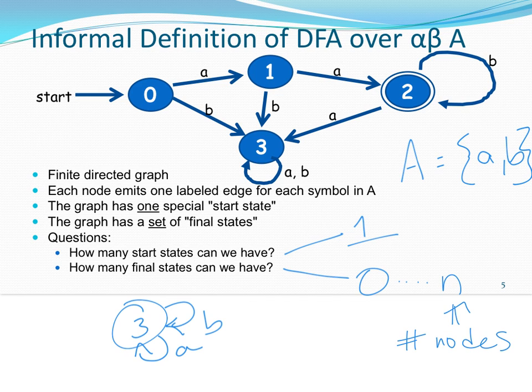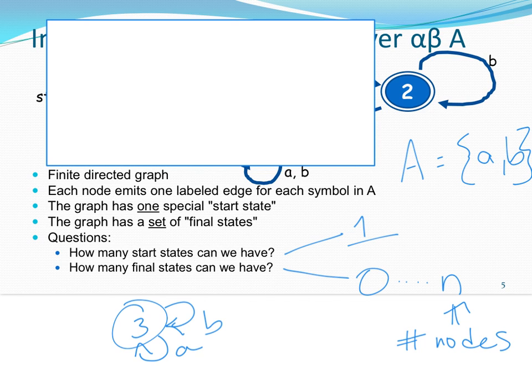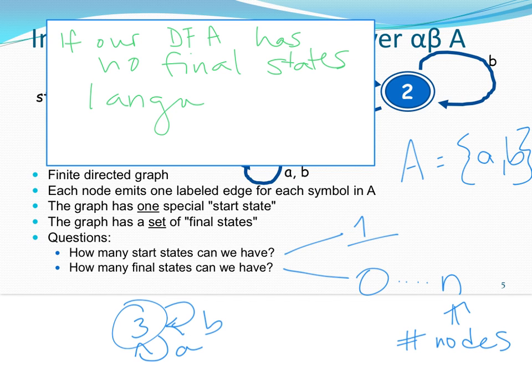So we could have no final states in a DFA, or every single state in our DFA could be a final state, right? And interestingly, if our DFA has no final states, right, then it accepts the language, the empty set.